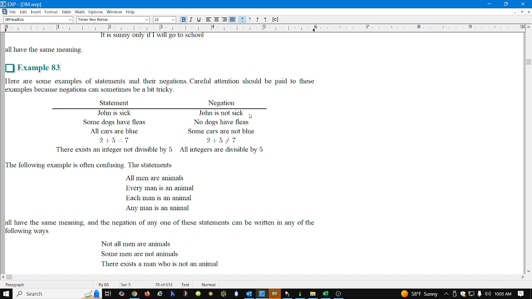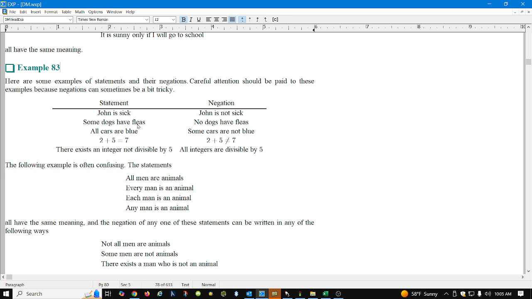That's pretty straightforward. Some dogs have fleas. When I ask my students in class for the negation, I will often get some dogs do not have fleas. That's not correct. It's possible for some dogs to have fleas and for some dogs to not have fleas.